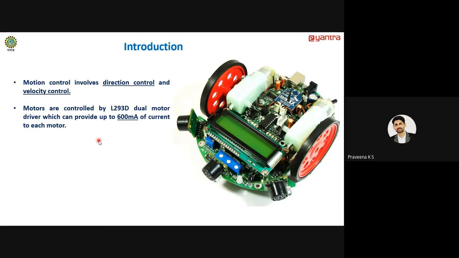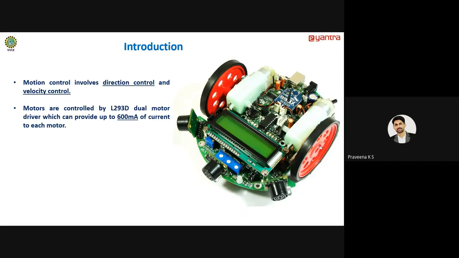Motors are actually powered by the L293D IC because our robot battery has very low power, so it cannot provide enough power to move the robot's drivers or wheels.